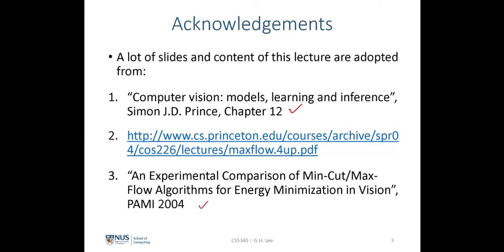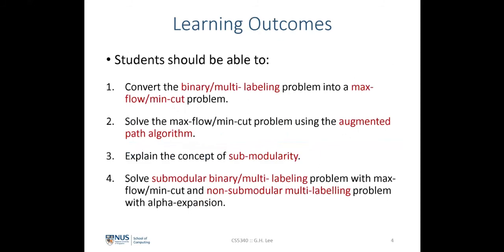after today's lecture. Hopefully, by the end of today's lecture, you'll be able to convert the binary or multi-labeling problem into a max flow min cut problem. And then we'll be able to solve the max flow min cut problem using the augmenting path algorithm, which I will talk about in detail later.